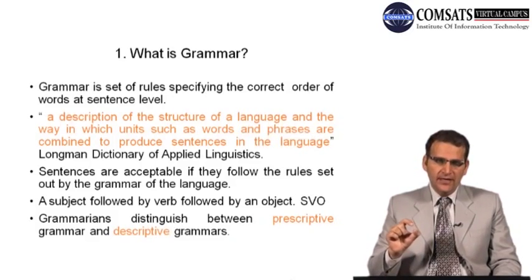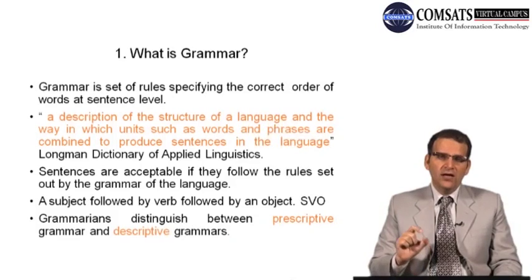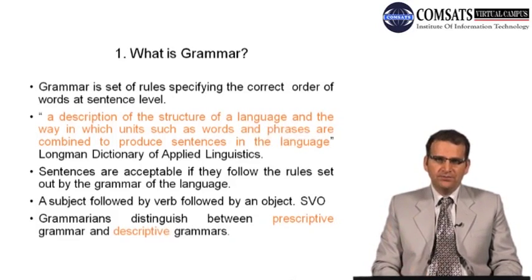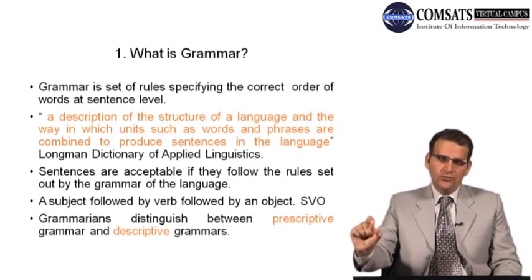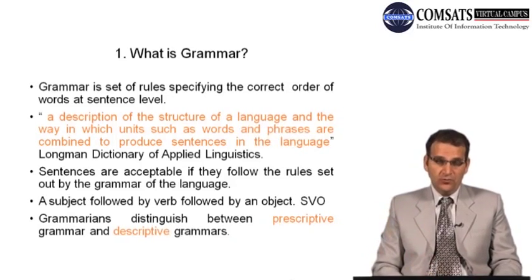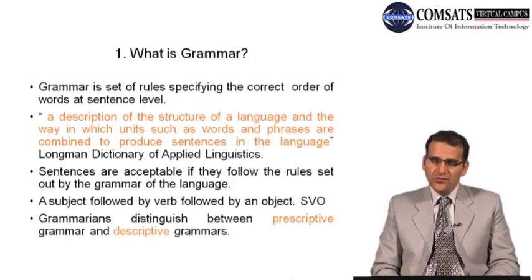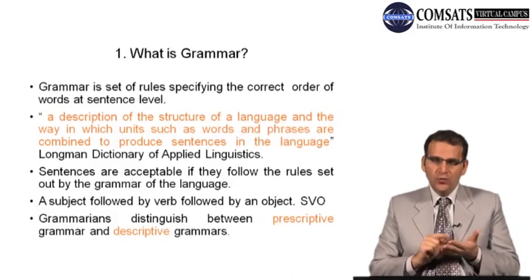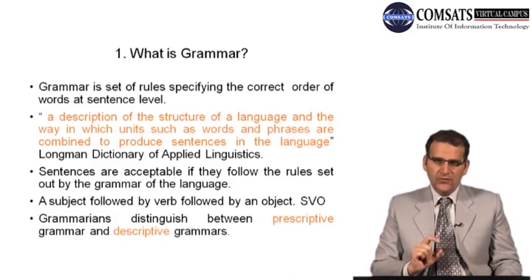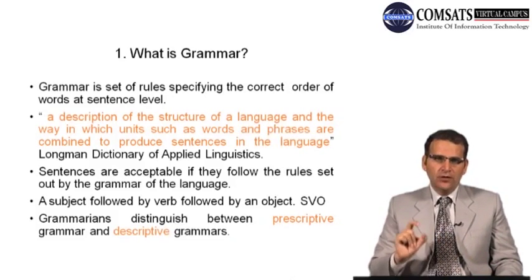For example, if I say I teach my students: I is the subject, teach is the verb, and my students is the object. So it is an acceptable sentence. Why? Because it follows a rule. The rule was SVO: S stands for subject, V stands for verb, O stands for object.